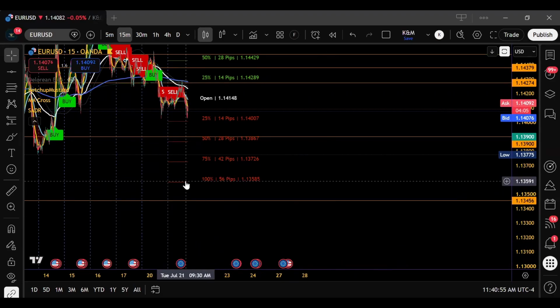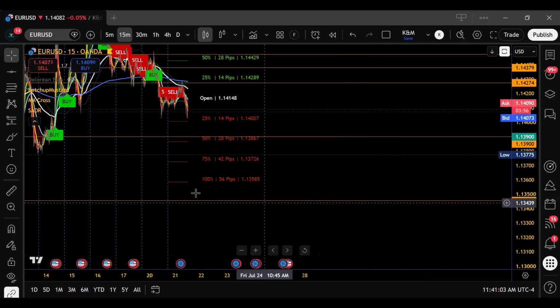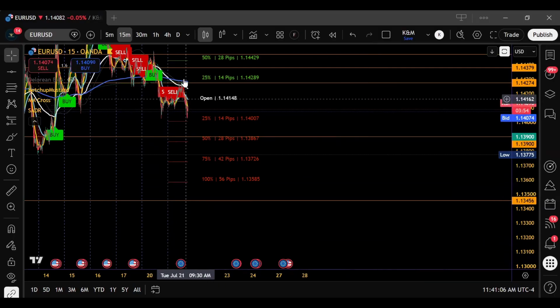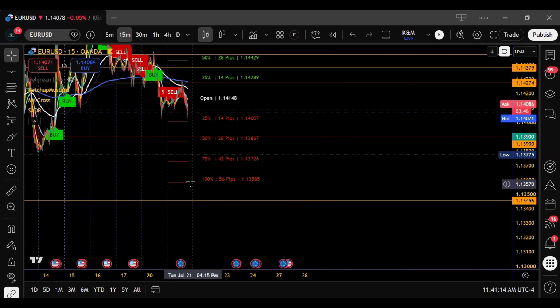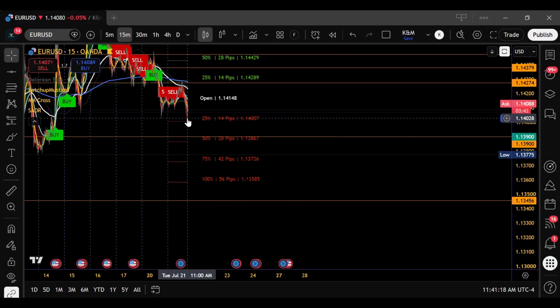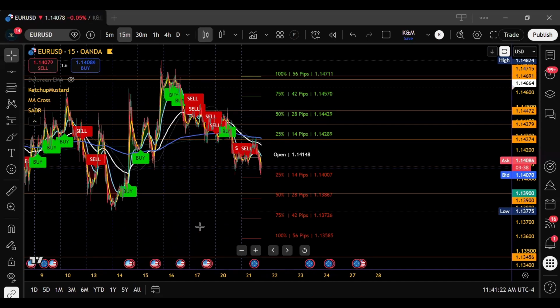If it hits all of these targets and takes 2-3 days to hit it, and 100% is somewhere down here on the day that it hits, for example, I'm basing it off of where it was when I actually placed this trade. I just want everybody to take a note of that. So it'll be in different places. And so I make sure I go and I set alerts so that I can still see the lines on my chart, because these are going to be in a different place tomorrow.